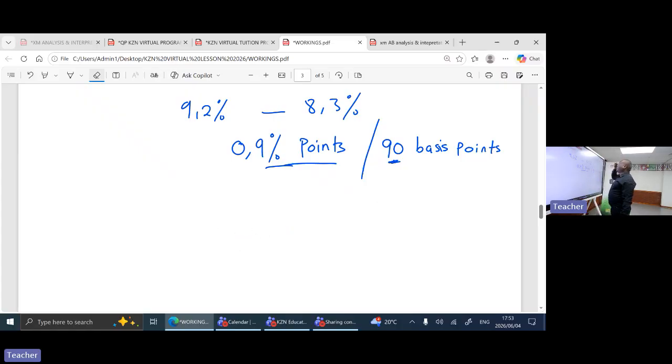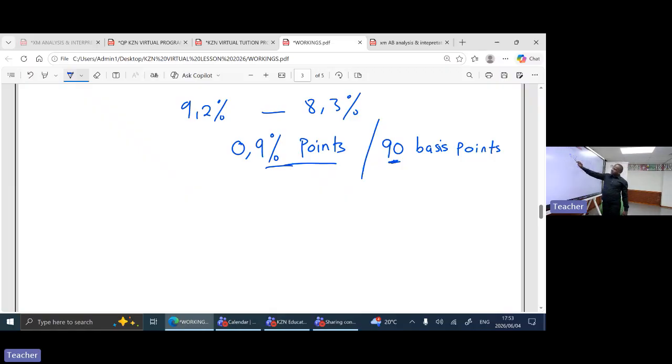Now, our indicator, ROCE, decreased by 0.9 percentage points. What was the relative increase or decrease here? How do we calculate that?